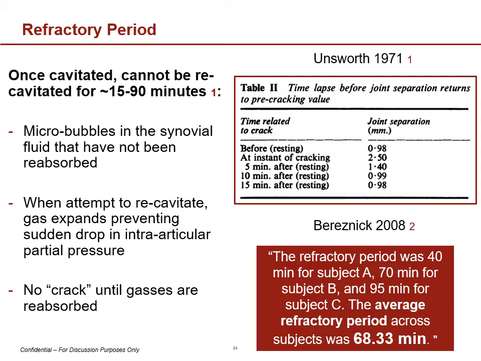At the crack, there was 2.5 millimeters, so at the crack, cavity inception makes it bigger. It stayed until 5 minutes. Again, the gas bubbles are not reabsorbed. At 10 minutes, it's almost back to normal, 0.99. And at 15 minutes, according to Unsworth, the joint separation was back to its resting state.